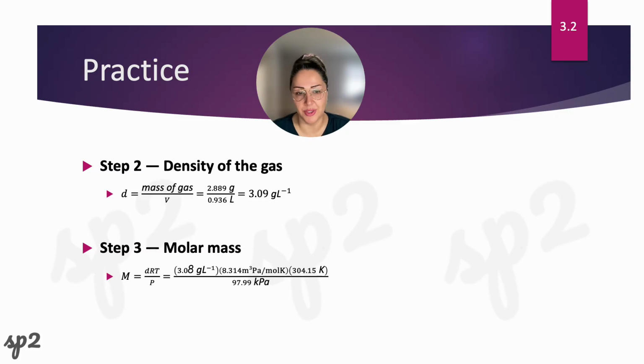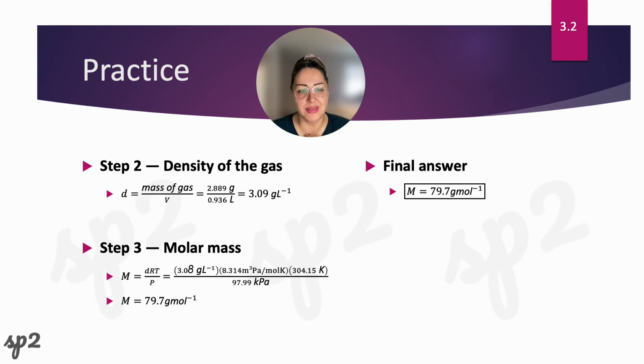Now I have everything. You have the density of the gas, and you know exactly the temperature and the pressure. You can plug them into your equation for the molar mass calculation, and that's it. We are done. Your final answer is going to be 79.7 grams per mole. Okay, very good.